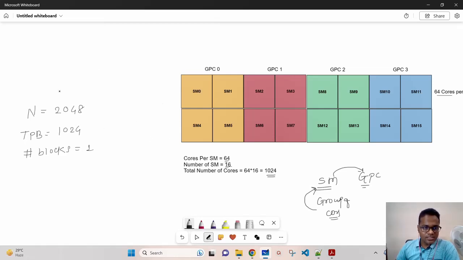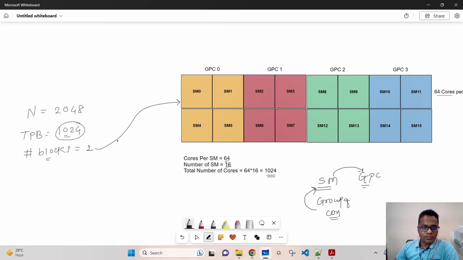So we are launching only one block which carries 1024 threads. Where does this block get scheduled on this GPU, which has different streaming multiprocessors? When we launch one block, it will get scheduled on one of the streaming multiprocessors, let's say streaming multiprocessor 0. Note that here I have 1024 threads.